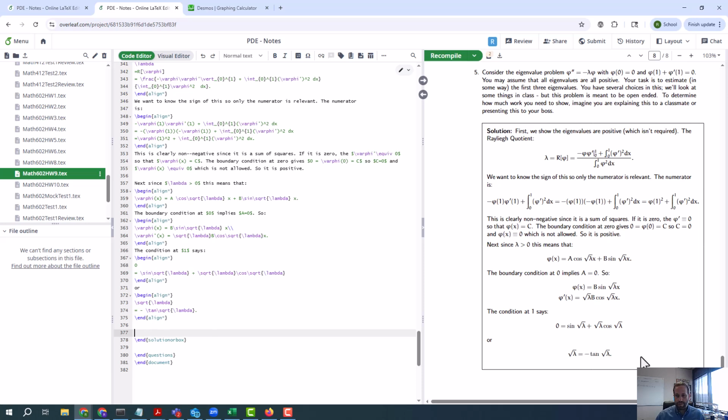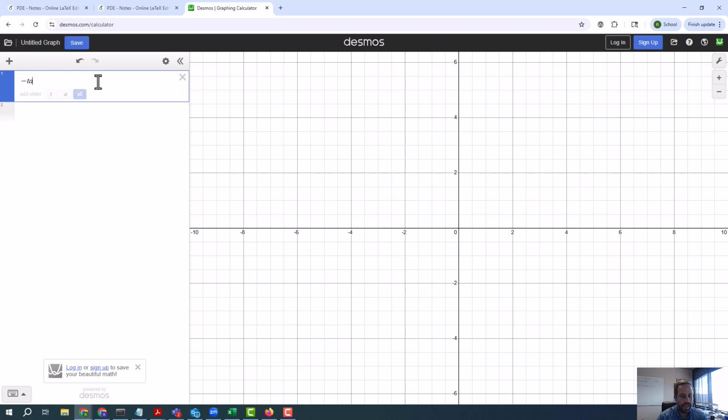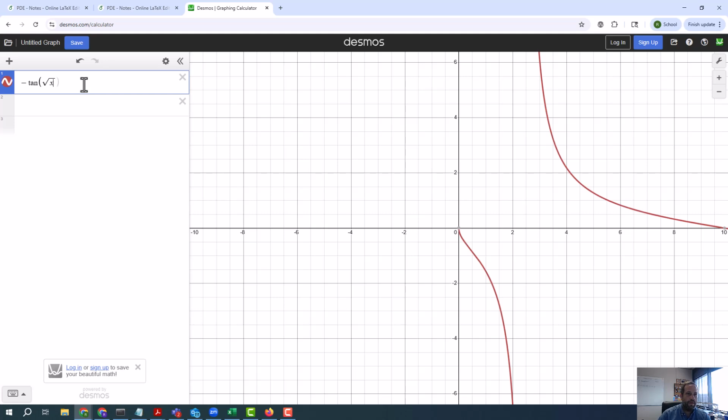So now we want to solve this equation. Well, what are different ways that we're going to be able to solve this equation? Well, we could do it numerically. There's a number of different non-graphical numerical methods that we could use, but that's not what I'm going to do. I'm going to say minus tangent square root x, and then I'm going to graph square root x.